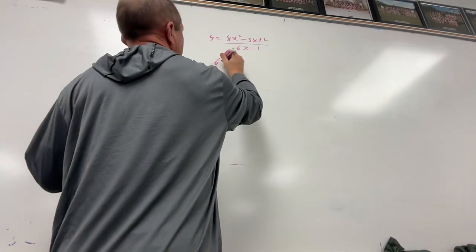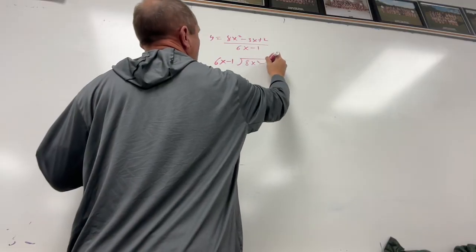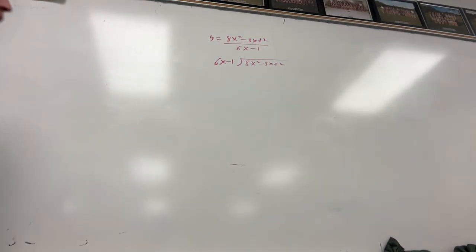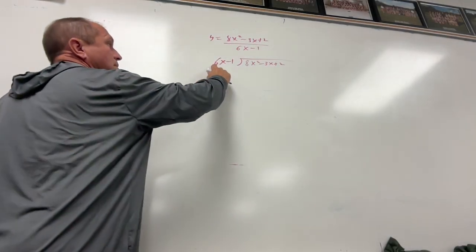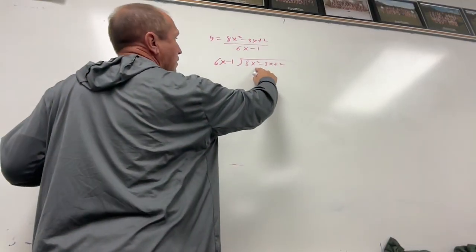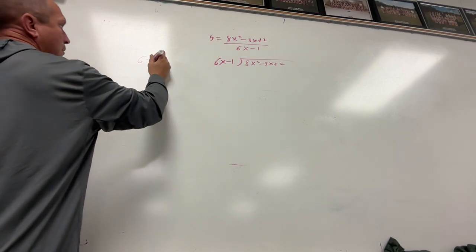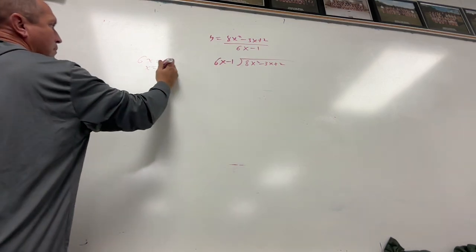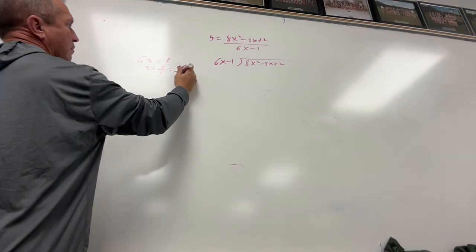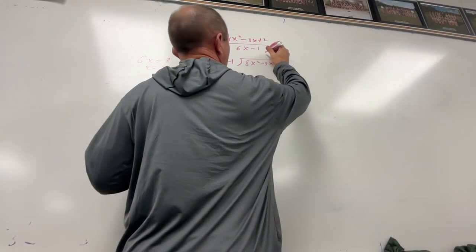So I'm going to have 6x minus 1, and I should not have made up this problem because it's going to get ugly. 8x squared minus 3x plus 2. And I want to know what the slant asymptote is here. Well, to do long division, 6x times what gives me 8x squared? Four-thirds x. So this is going to be times 4/3 x.